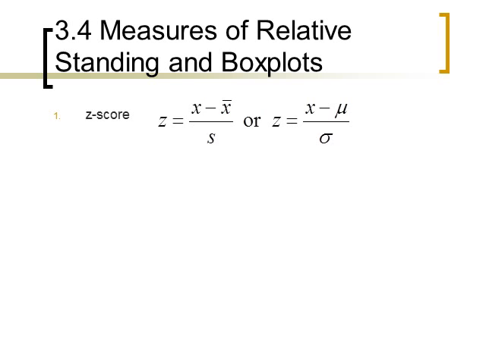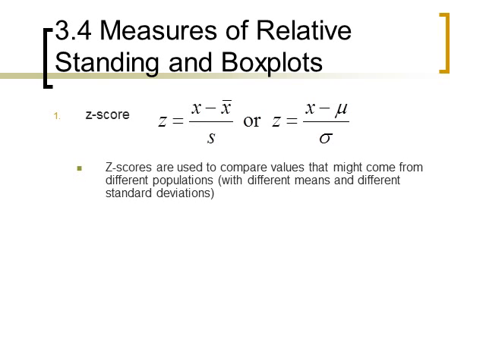It's just x bar and mu are both the mean. x bar is the mean of a sample and mu is the mean of the whole population. And then s and sigma are both representative of the standard deviations. So really the z-score formula is your score x, minus the mean, divided by the standard deviation.